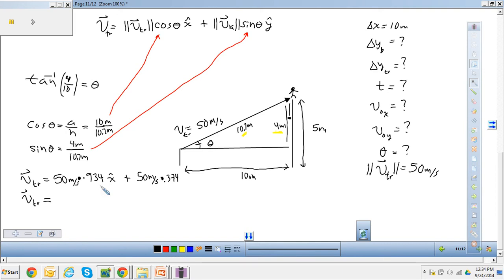What's the x component? 46 point what? And the x. What's the other one? 18.7 meters per second in the y-hat direction.